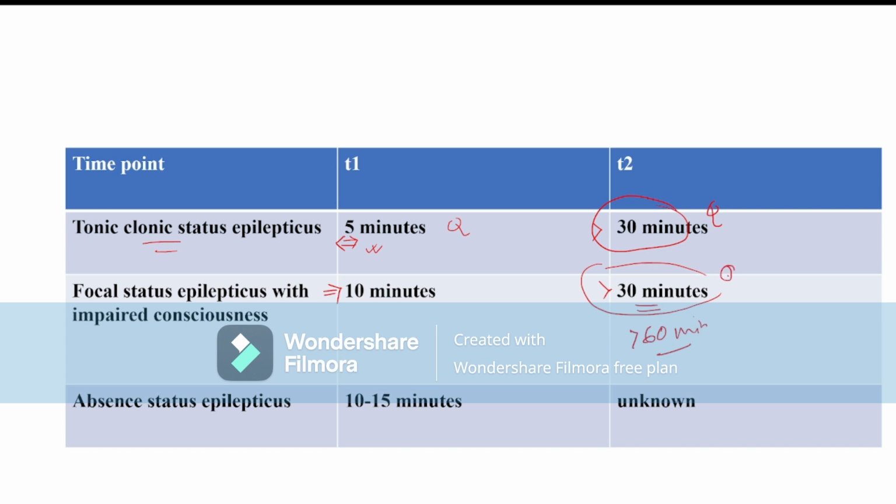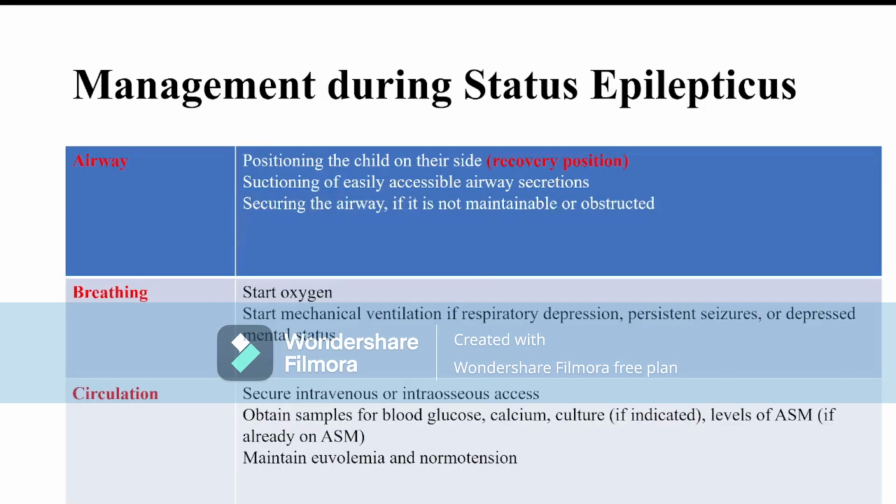So if the question comes in All India, then more than 30 minutes is the answer. If the patient has absence seizure, then status epilepticus is said if T1 is more than 10 to 15 minutes and T2 is unknown. So this time interval is very important for All India MCQs.